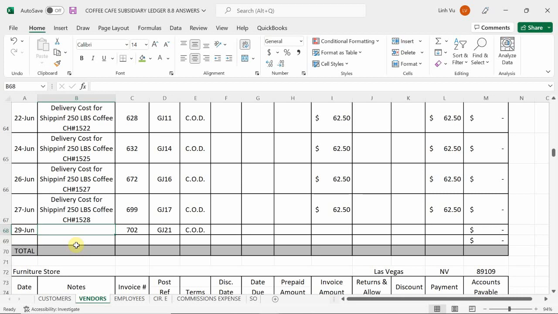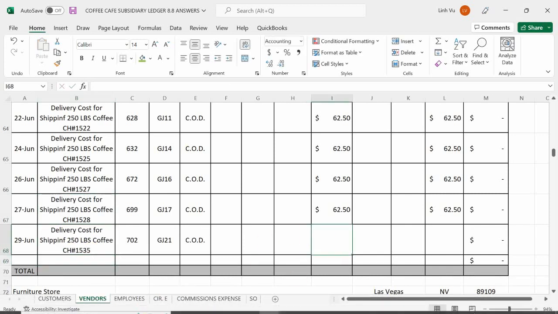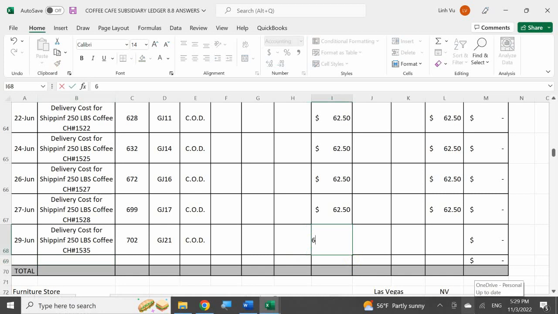Okay, you're gonna copy this, paste it here, and edit the check number because it's check number 1535, for $62.50. And of course, you made a payment with the check number 1535. And that's going to ultimately mean you owe Freightline $0.